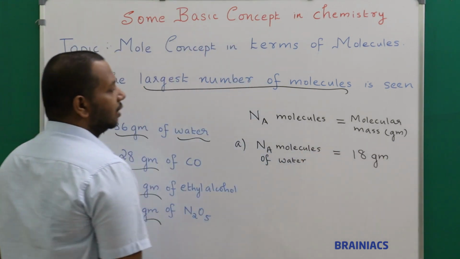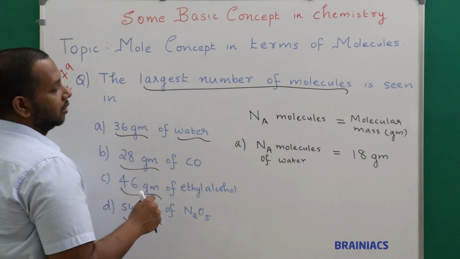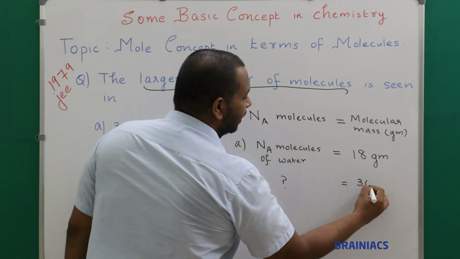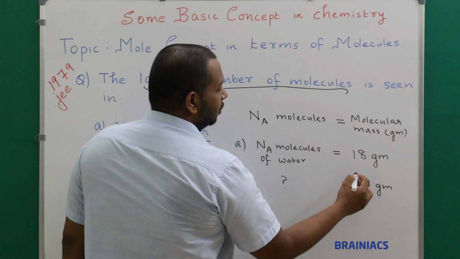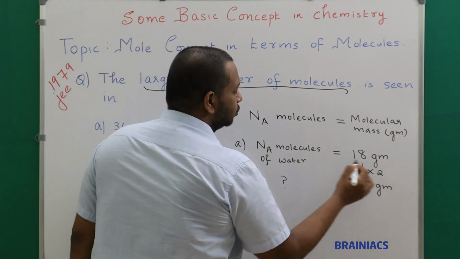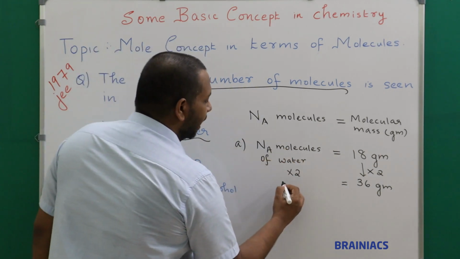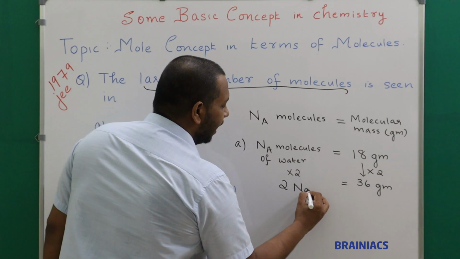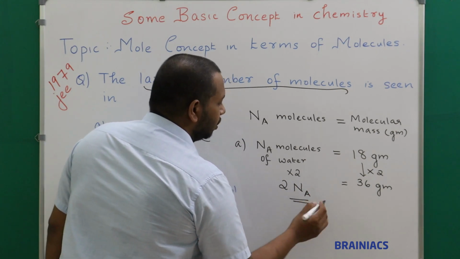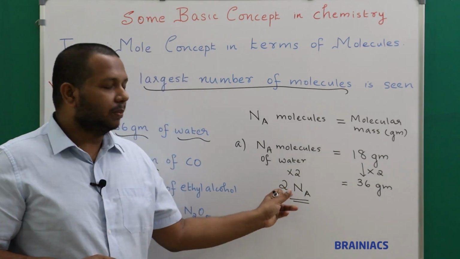So this is my fundamental relationship. And they are asking you to find out in 36 gram of water. So they have given here 36 gram. Correct. So what to do to convert 18 to 36? Multiply by 2. So do the same thing here. Multiply by 2. So my answer is 2Na. Sorry, A should be capital, 2NA. Clear? Okay, so it is becoming 2NA.